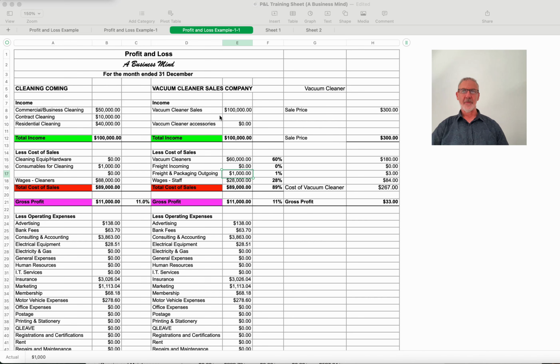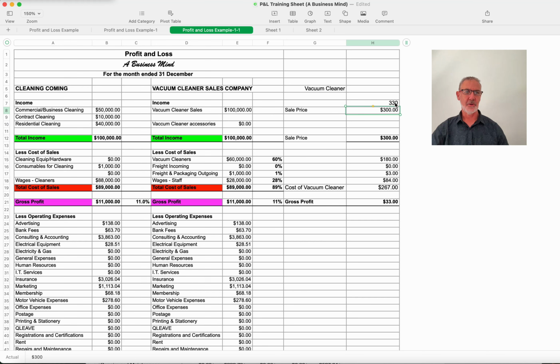Because if we break that down to a product, and say the vacuum cleaner is $300 excluding tax, because on a profit and loss it takes the tax off, and in this case here in Australia it's GST, so we have a vacuum cleaner of $300 excluding tax, but an actual $330 might be the amount that we're selling it for, because it's 10% GST here.